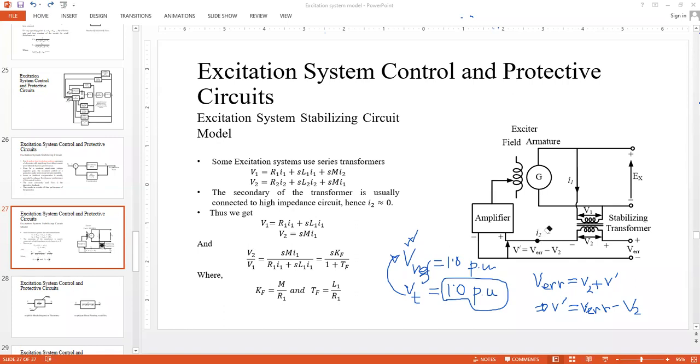I2 could be easily neglected because this is a voltage amplifier and the impedance is pretty high, just to get rid of the loading effect. If you need more information, you can go back and check the basics of voltage amplifier input impedance as well as output impedance.